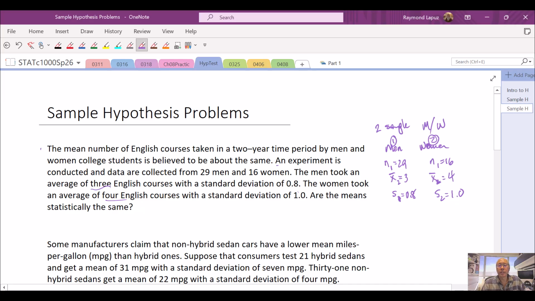Okay, so we're testing the means, the mean mu for this. So you're going to have a mu1 is equal to or not equal to or whatever to mu2 in comparison. So I'll let you figure that out, but the bottom line here is that this is a two-sample. Our sigma is not given. Sigma not given. And because our sigma is not given, we're going to use a t-test. All right.